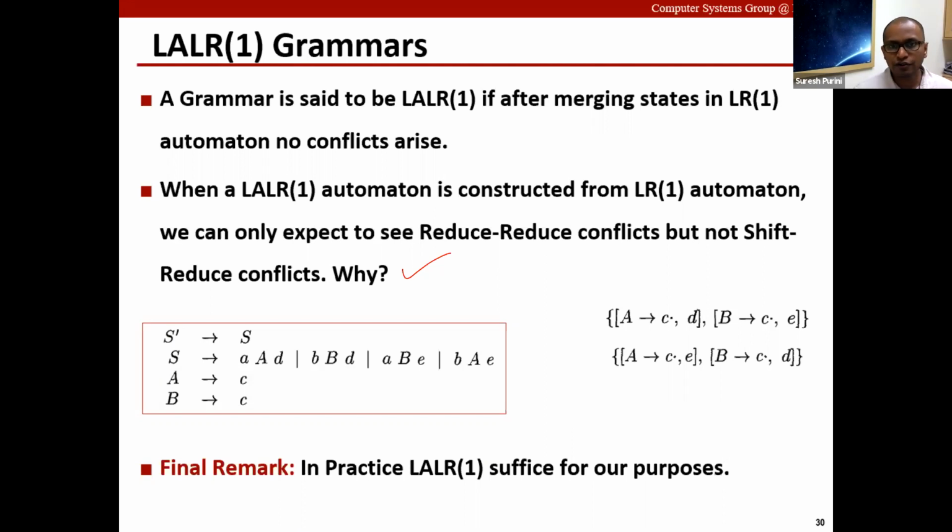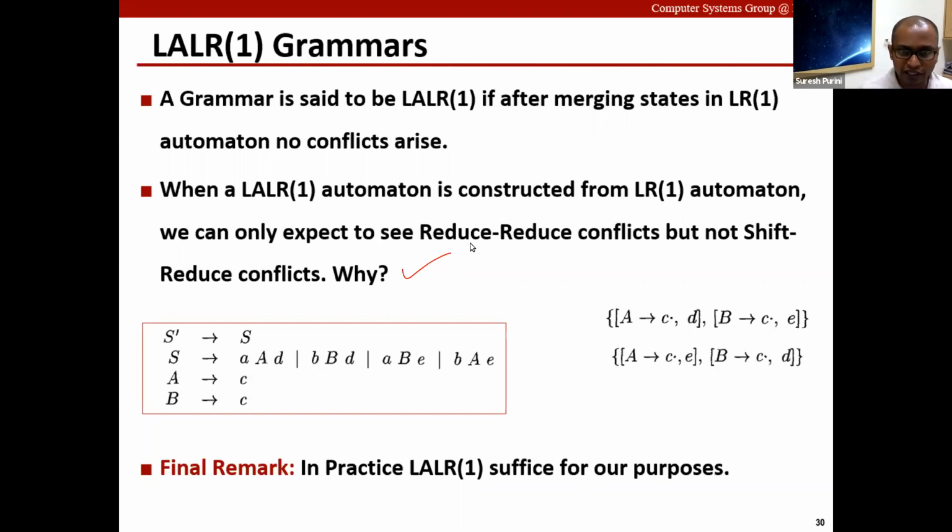which makes the grammar not LALR1 parsable. If there are no shift-reduce or reduce conflicts after the compaction process, then the grammar is LALR1 parsable, and that is the best thing that can happen to us, because we didn't lose out on any power, we are still able to parse the grammar, but the number of states has reduced. But it is possible that after compaction, there can be reduce or shift-reduce conflicts.